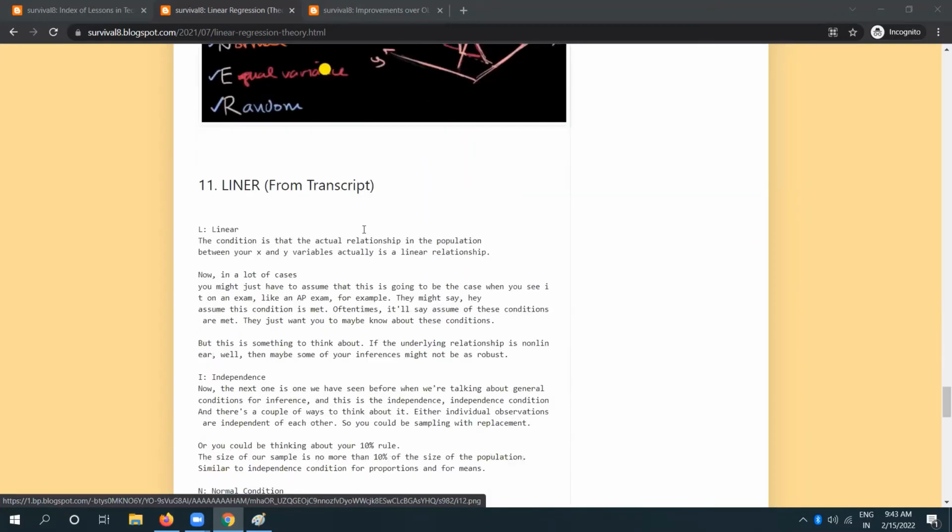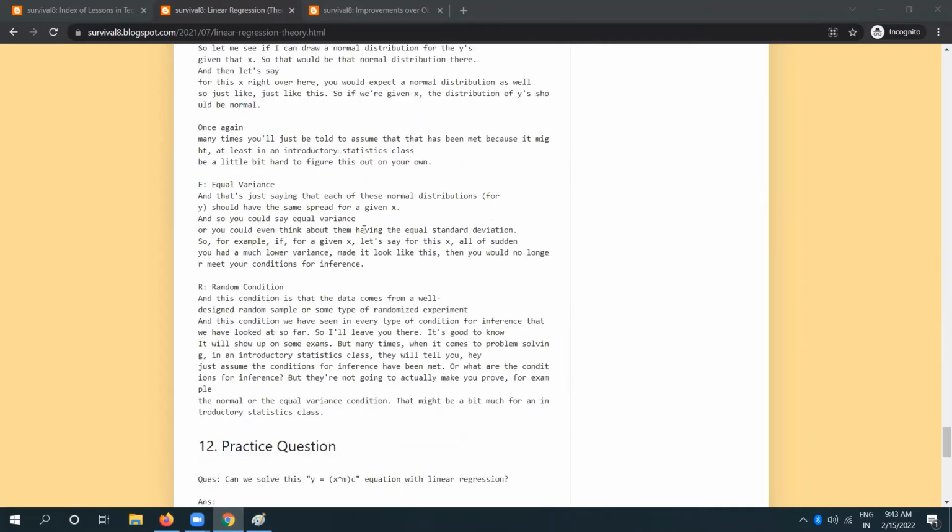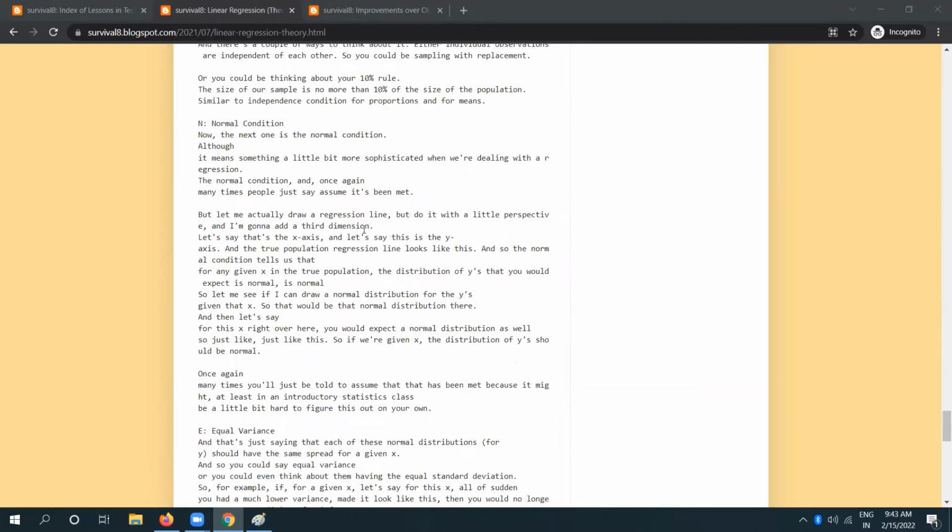Now, this was asked to me in an interview. If you say you know linear regression, the person will assume you have a fair understanding of it, but what about the conditions under which linear regression can be applied?